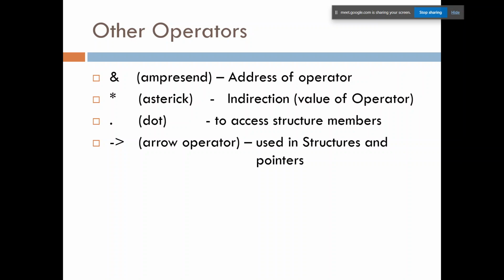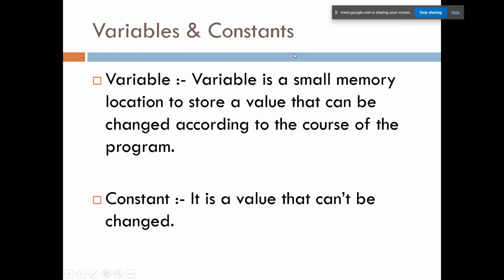That's all about other operators. Apart from these, we have left shift and right shift operators, bitwise operators, and many others. I'm not talking about those because these are enough for the basic understanding of programming.